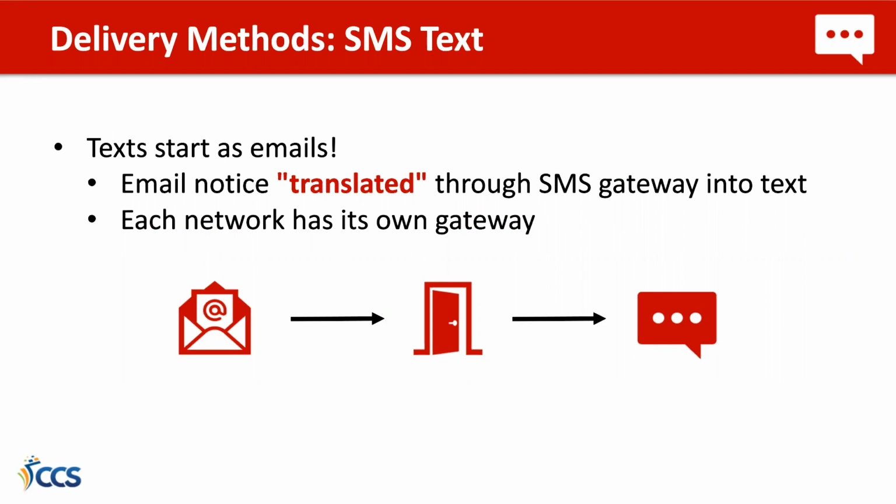They run through a process that translates the email into a text message using what's called a gateway. This is why we need to know what carrier or network the user is on in order to make that translation. So text messages start out as emails and are then translated into texts during delivery.